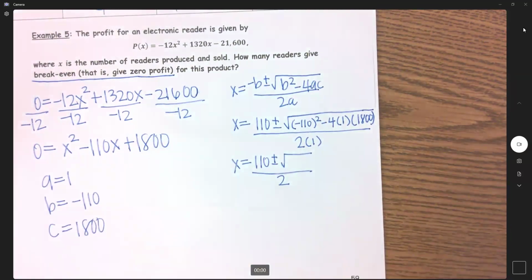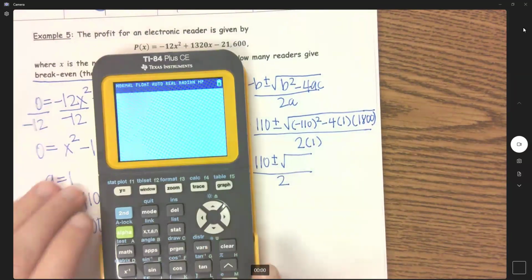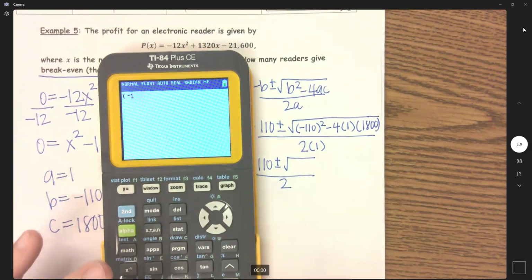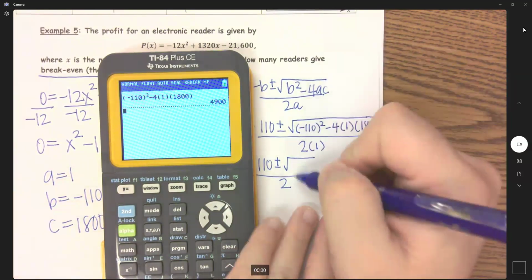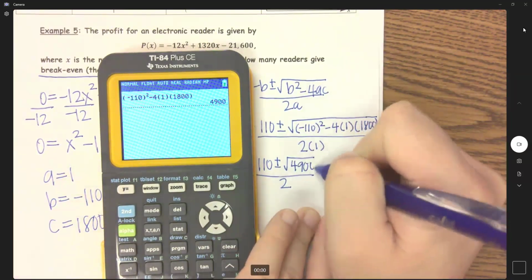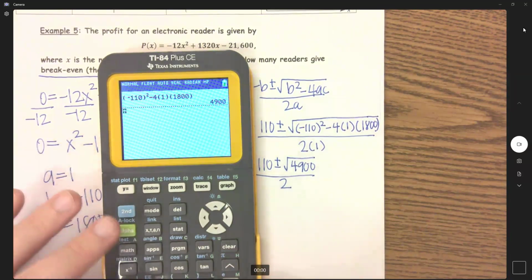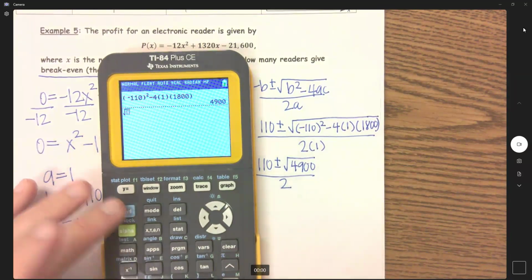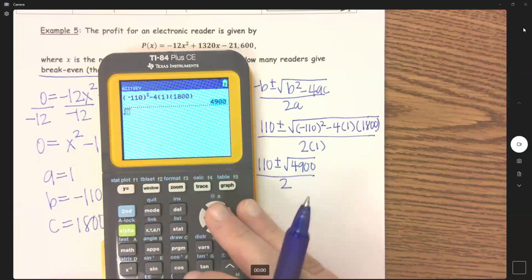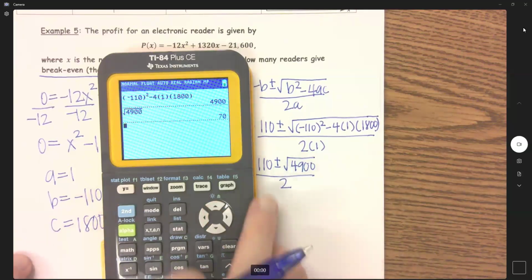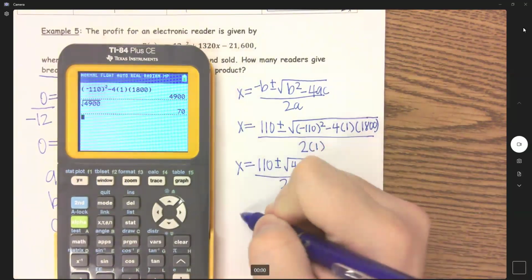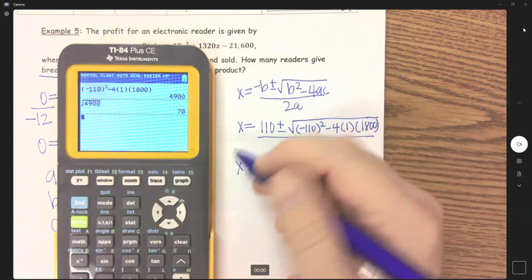So let's see what goes under that radical. That is 4,900, and that is going to give me 70, not square root 70, 70.